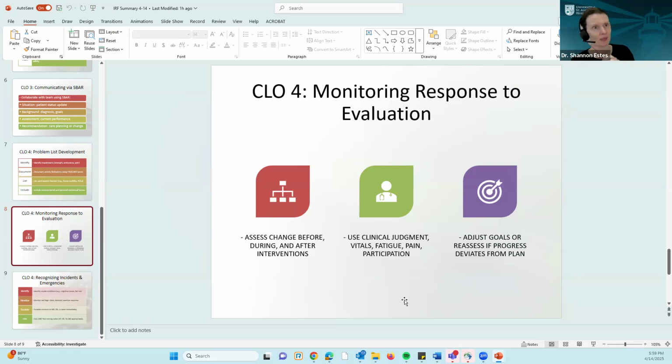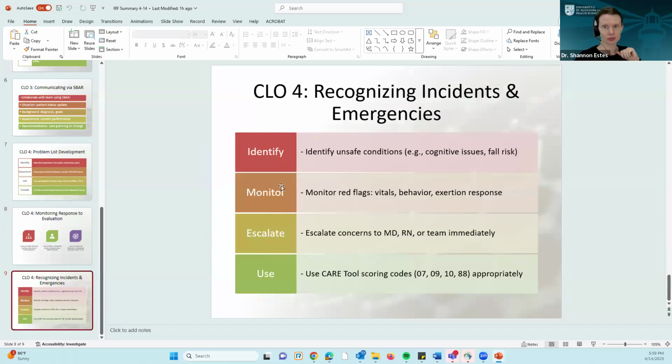Something else is going on. Maybe they're on beta blockers and their heart rate's never going to respond the way that it would with someone that's not on beta blockers, but I can tell something's up with them, right? And then adjust your goals and reassess if you need to, and you will need to. Again, recognizing things that are urgent, red flags, things that need to be communicated to the doctors immediately.